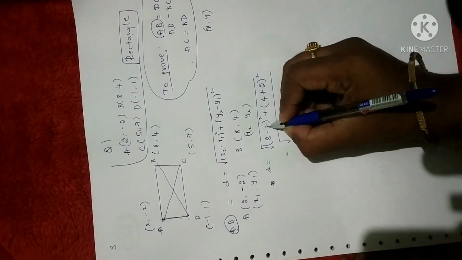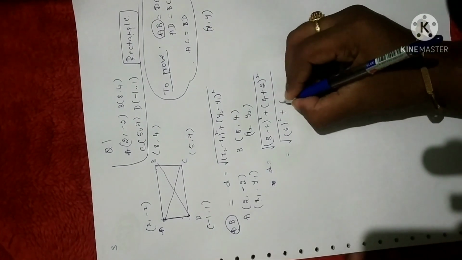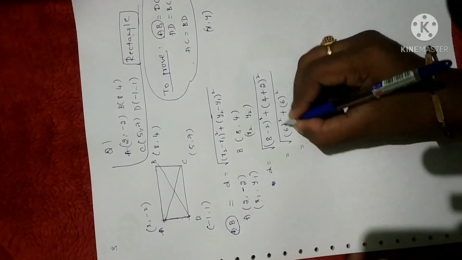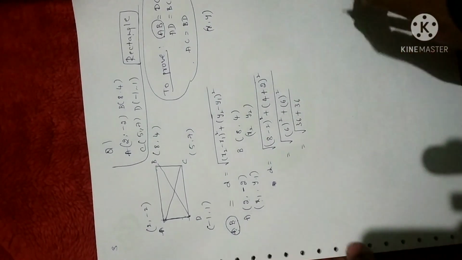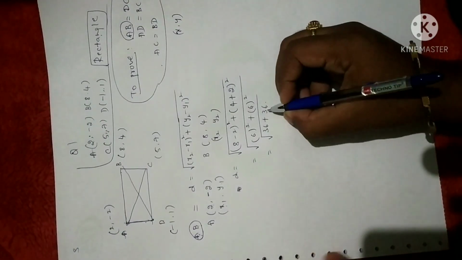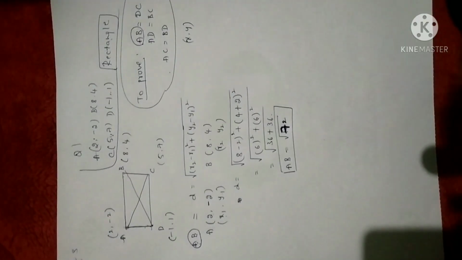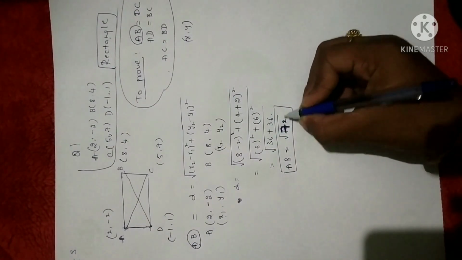Now 8 minus 2 is 6 whole square plus 4 plus 2 is 6 whole square. 6 square is 36 plus 6 square is 36. Now 36 plus 36, you just add it. When you add these two, you get AB as square root of 72.